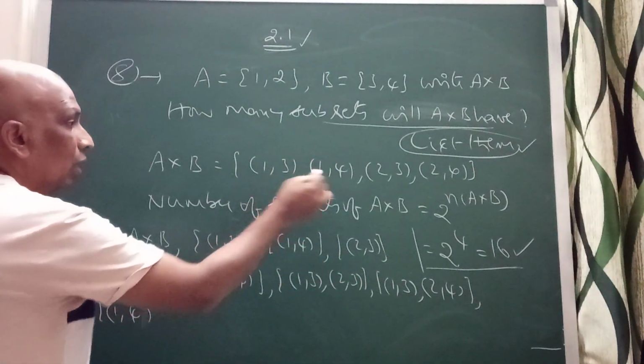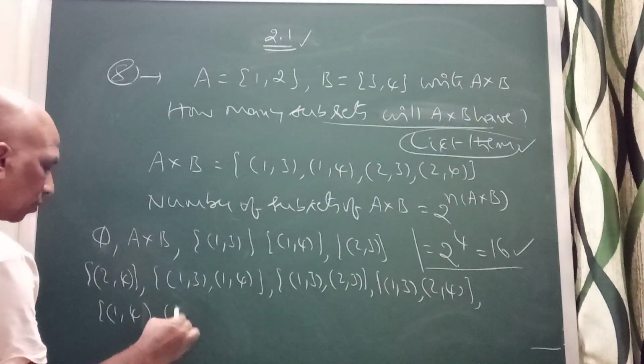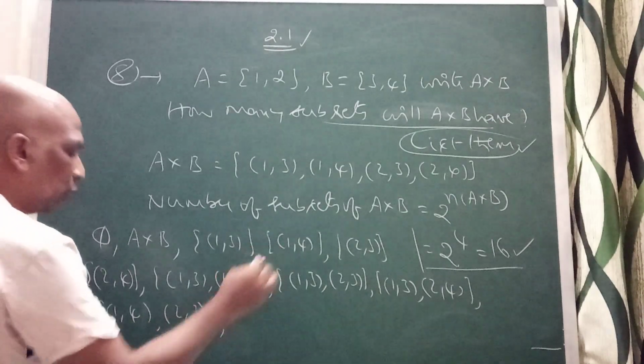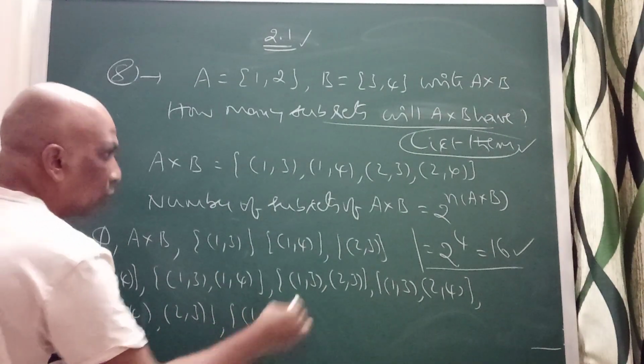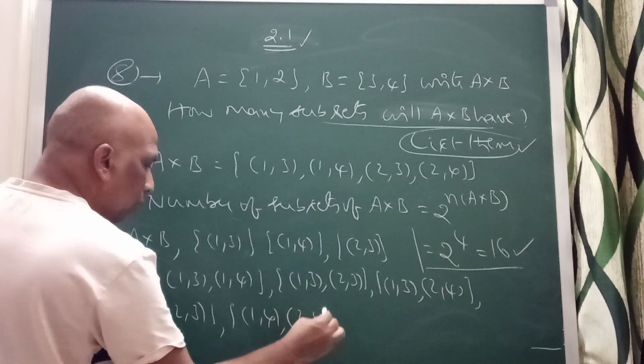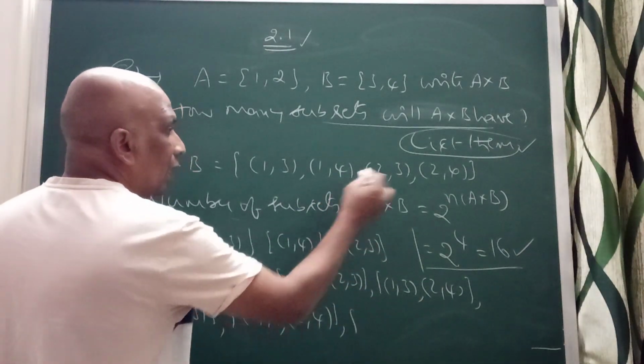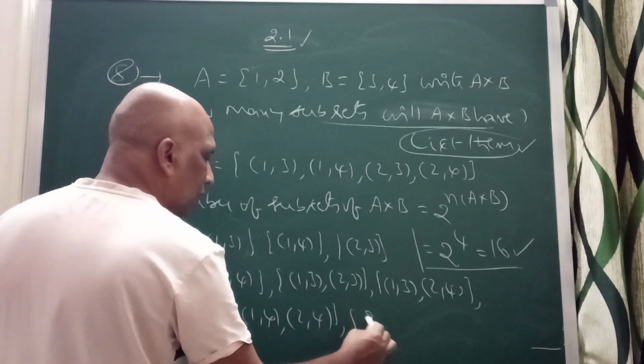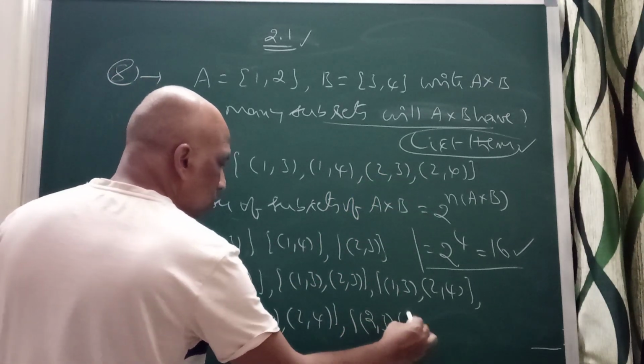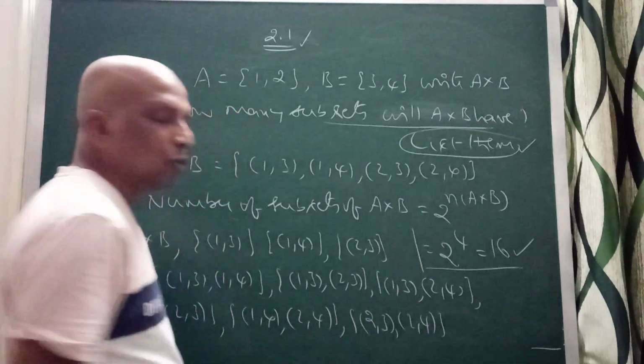What I am writing here: 1 4, 2 3, and 1 4, 2 2, 1 4, 2 4, the combination of this, right? Next I can write 2 3, 2 4, right?